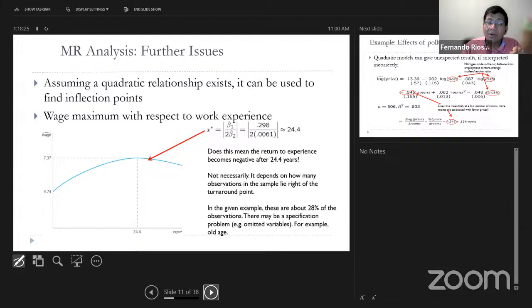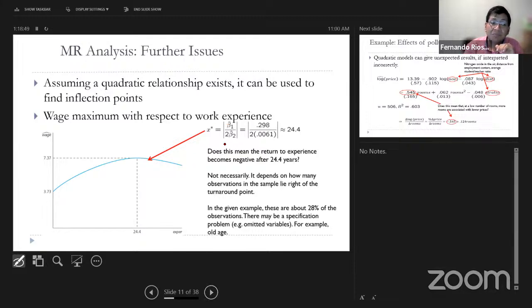The other way to think about it is because I want to figure out something on the model that might be related to a theory. In the example that we just ran, for instance, we might be interested in finding an inflection point, which is going to be the point at which people reach the maximum returns to experience based on their wage profile.